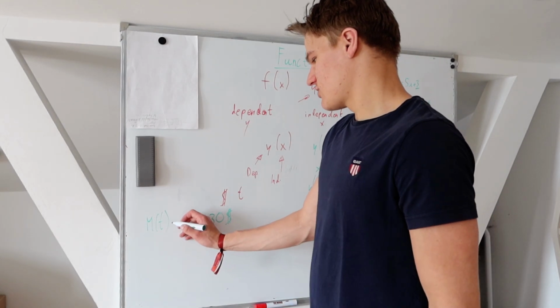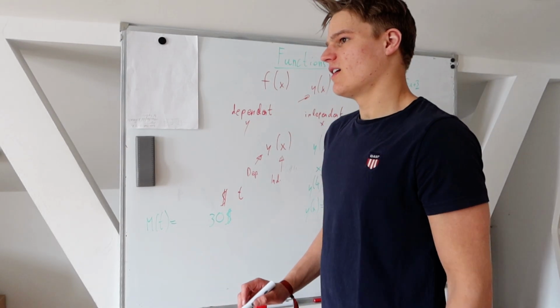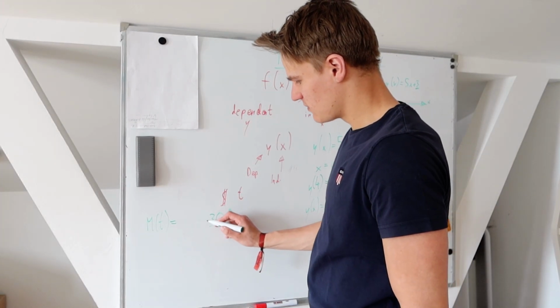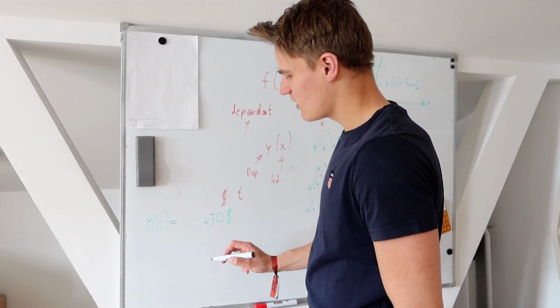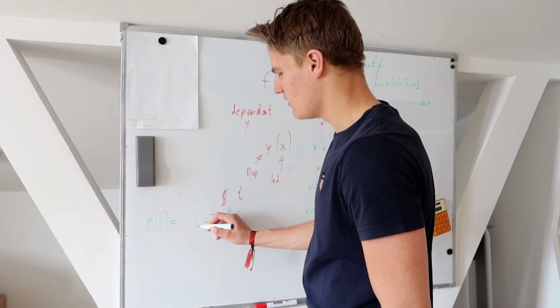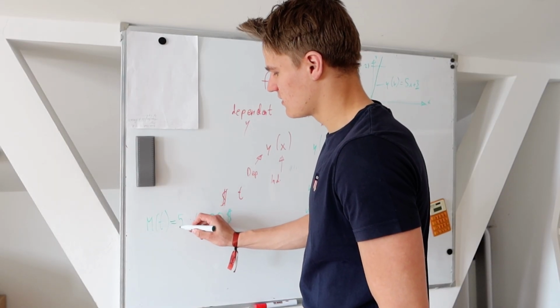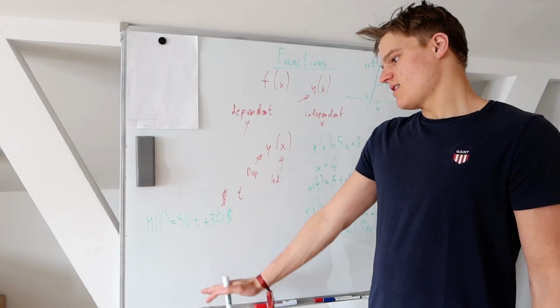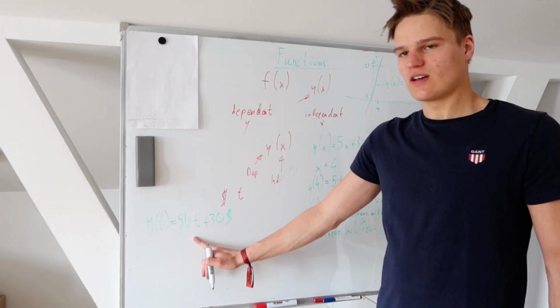So I said that in a month you get 50 euros, right? So you can actually do the same thing. You have t, and you get 50 times t. But please keep in mind that you have to put t in months.